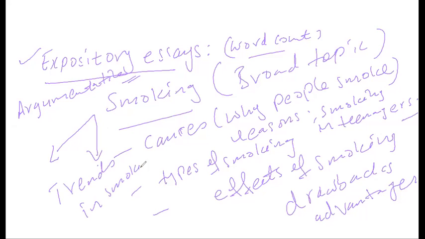That's almost similar to types, or maybe trends. Smoking and women, I can talk about that, or I can even write about smoking and two genders, men and women, right? So this could be another aspect, another pattern, right?